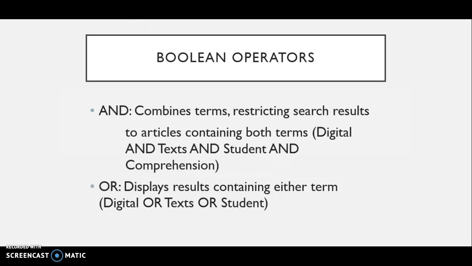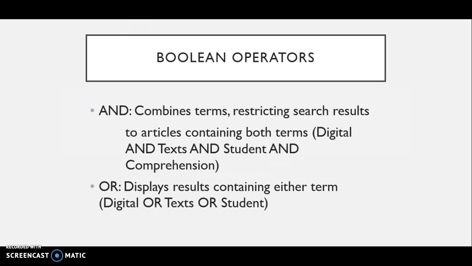But before we go to EBSCOhost, there are a couple things that you should know. EBSCOhost uses Boolean operators. Boolean operators are and, or, and not. The operator and combines the search terms, so it restricts the search results to only the articles which contain both terms simultaneously: digital and text and student and comprehension.